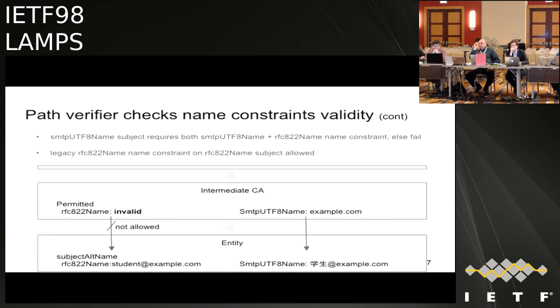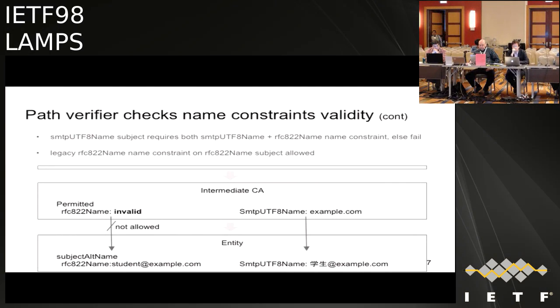You have to have this indicator: both SMTP UTF-8 name constraints as well as RFC 822 name, to tell the path verifier that it understands SMTP UTF-8 name.